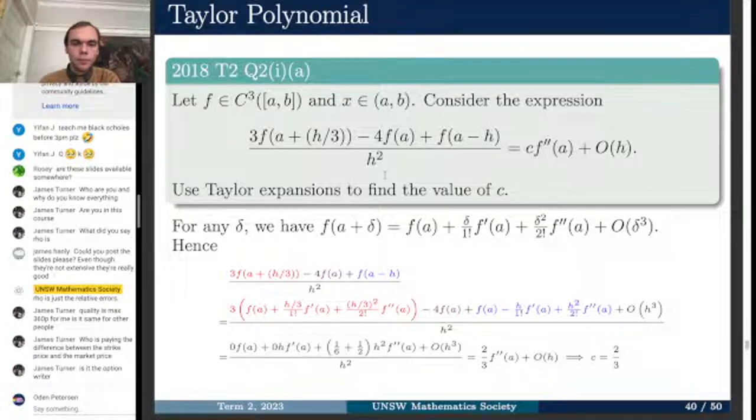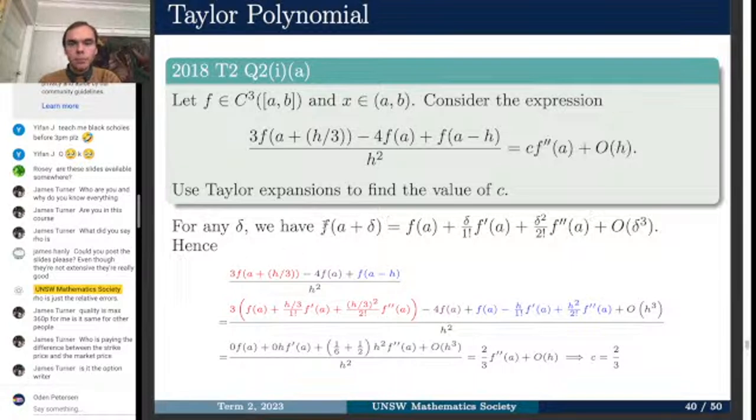So the approach that the question asks us to use is Taylor expansions. If we look over here, we have O of h on this side. And if we're going to Taylor expand these f's, and we have an h squared in the denominator, then the error term that we want in the numerator is going to be cubic, because a cubic divided by a quadratic is going to be a linear error term. So to get a cubic error term, we just have to take a degree 2 Taylor expansion.